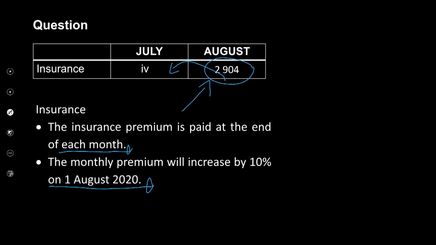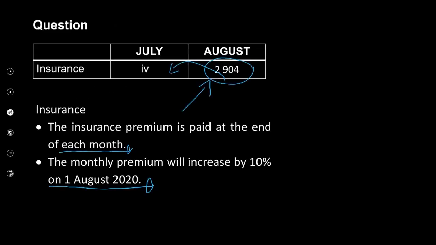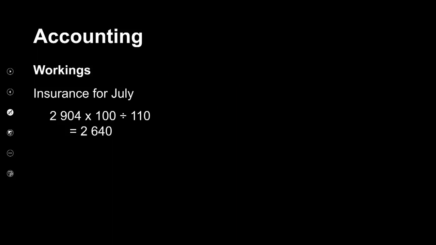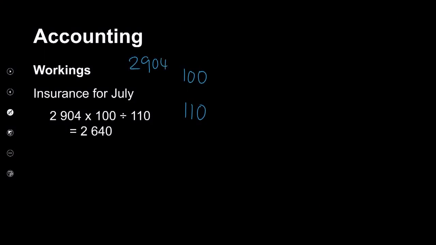Okay, this is what we do. Watch what we do. You take the figure of 2904, which was the new insurance figure, and you say, fine, take that figure, multiply it by 100, divide by 110. Why are we doing that? Very simple. It means the old insurance was 100 and the new insurance is 110. Clearly you can see that the figure you are working with, the 2904, is the figure which has the increase built into it already, namely the 110.